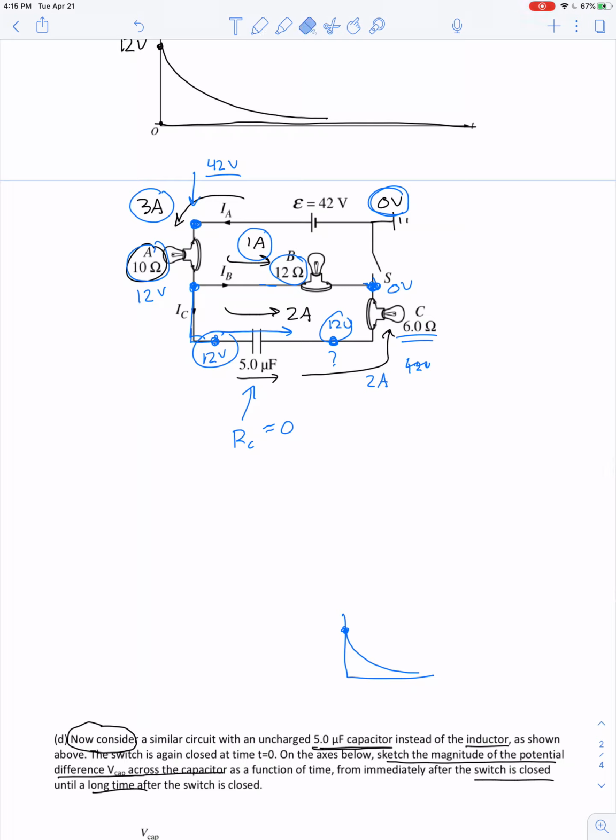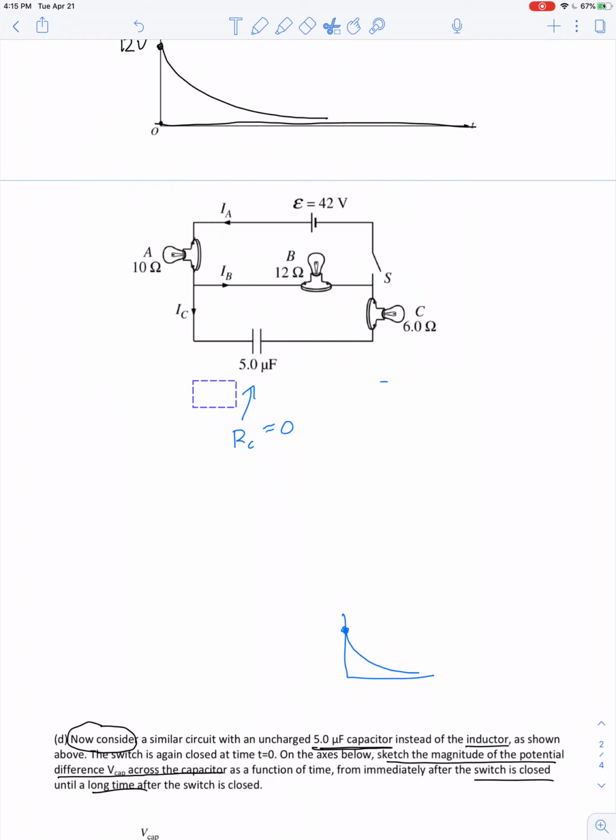So we've got some erasing to do here. Now let's consider what happens in the steady state. At that point, the effective resistance of the capacitor is infinite, and so no current flows on this path. Well, if that's the case, we've already figured this out.